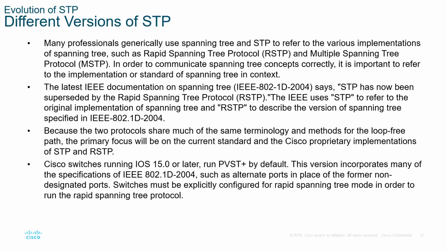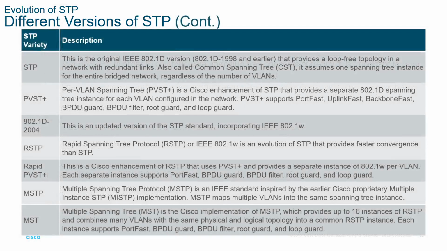This version incorporates many specifications of the IEEE 802.1D-2004, such as the alternate ports in place of the former non-designated ports, and switches must be explicitly configured for rapid spanning tree mode in order to run the Rapid Spanning Tree Protocol. These are basically the major differences between the STP varieties.